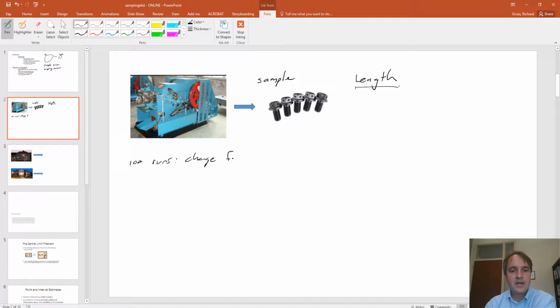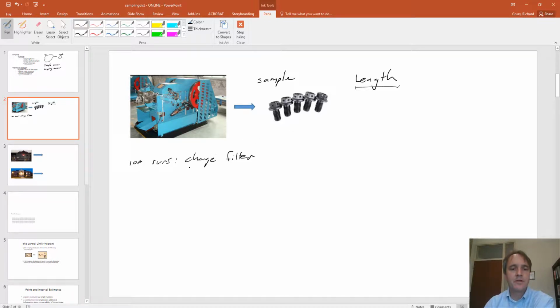Let's say we change an air filter, and taking into consideration the fact that there are all kinds of environmental attributes that might go into making the length of these bolts a random variable. So there are differences in humidity and temperature and pressure, and there's all kinds of factors that could affect it.